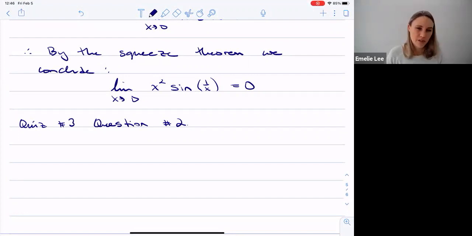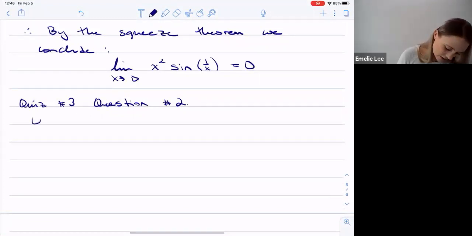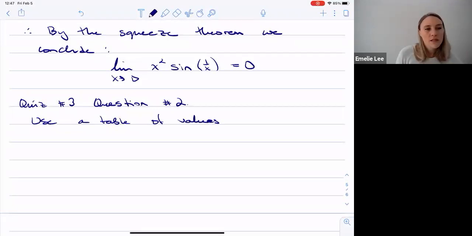So on my end, it says use a table of values to estimate the limit.